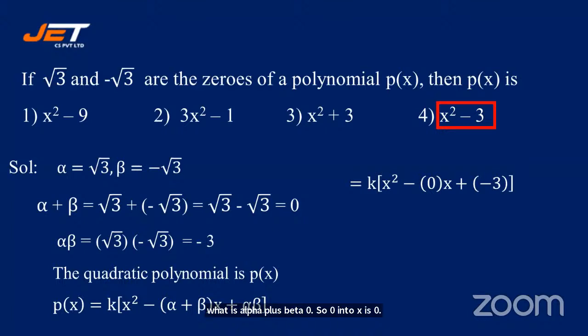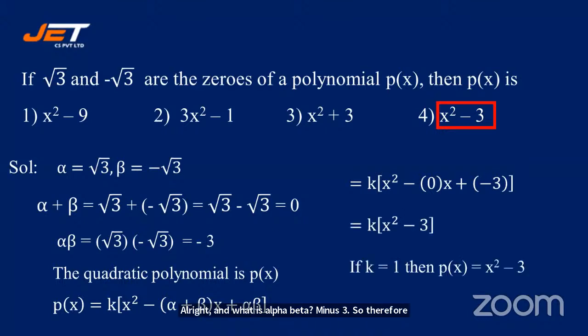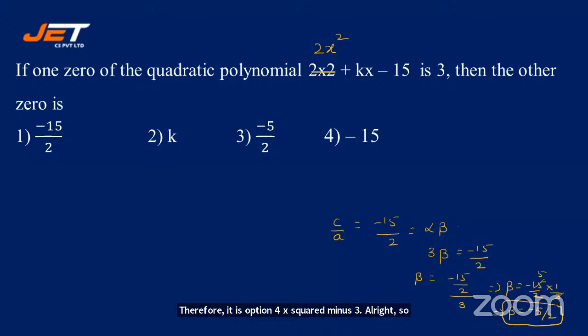Therefore x square minus 3. Putting k equal to 1, p of x is equal to 1 into x square minus 3. Therefore, it is option 4, x square minus 3. Excellent to those who have given me the right answer. With this, we are moving on to the next question.